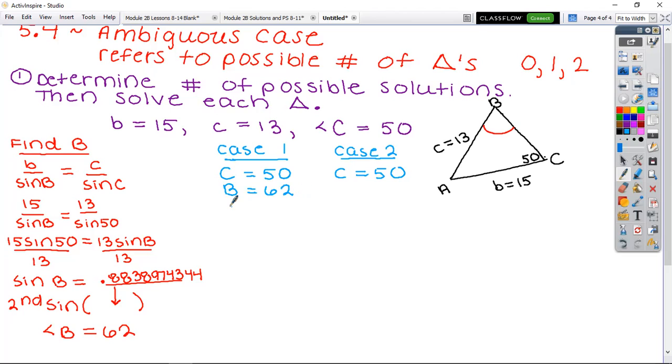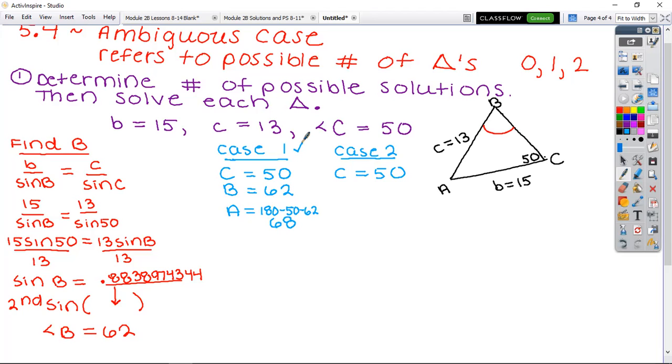What do angles in a triangle have to add up to? 180, good. So A is equal to 180 minus 50 minus 62, which is, oh, you guys are fast, thank you, 68. So is this triangle possible? Yeah, it doesn't exceed 180. That was good so far.